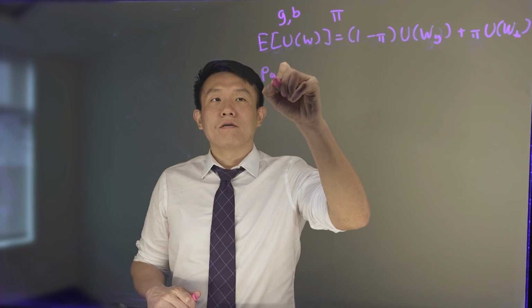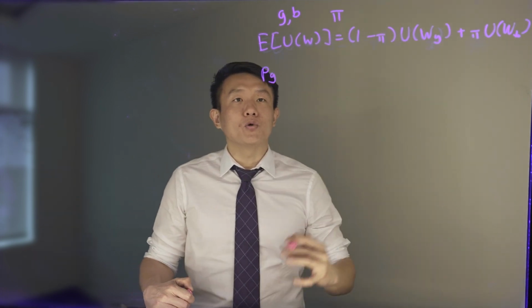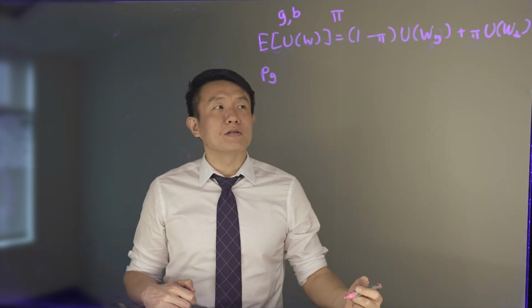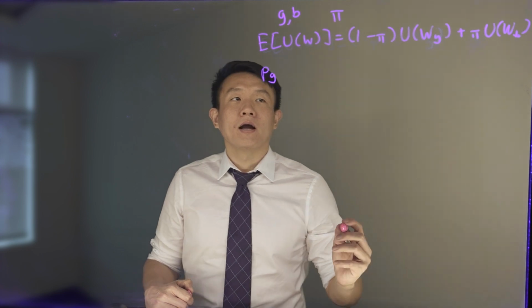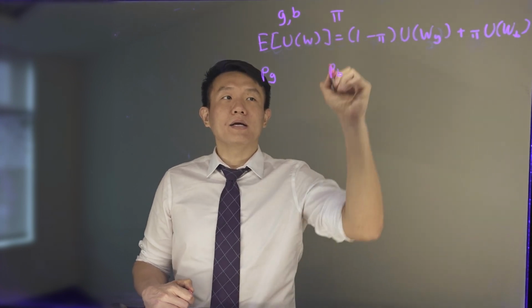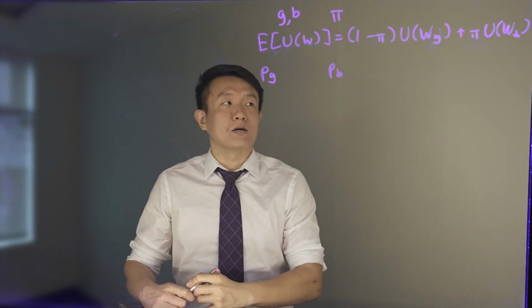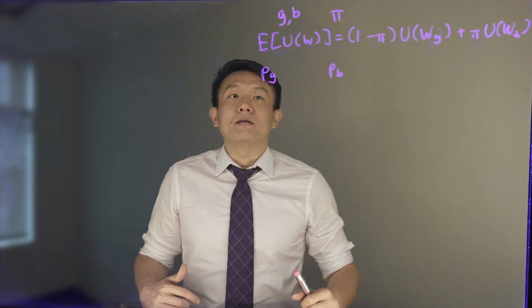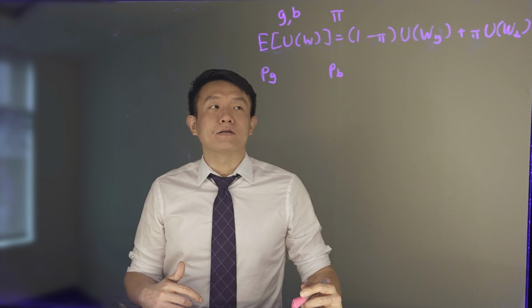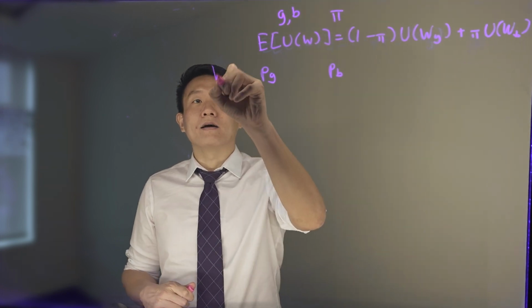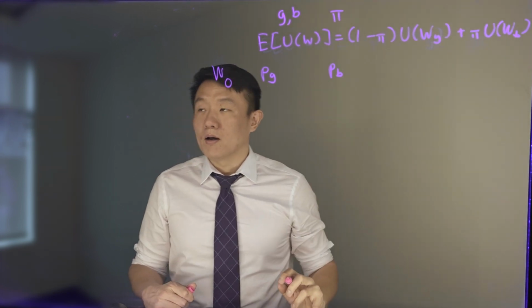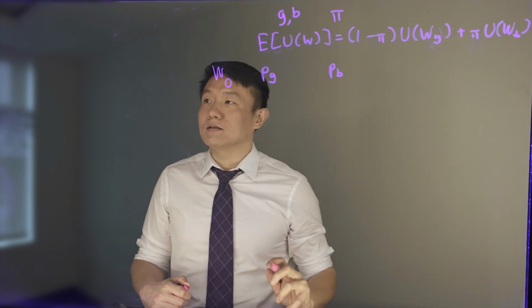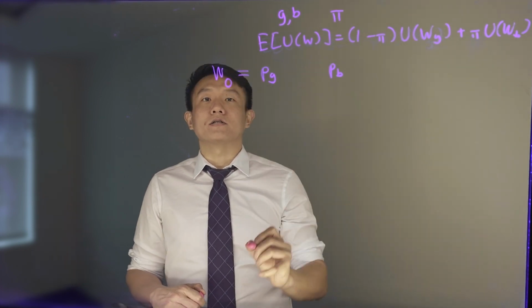So for a price of P_G, you can buy an asset that will pay you $1 only in the good state, and at a price of P_B, you can buy an asset that will give you $1 but only in the bad state. The individual then has to decide how to divide their starting wealth between these two assets. That's going to give us the budget constraint.